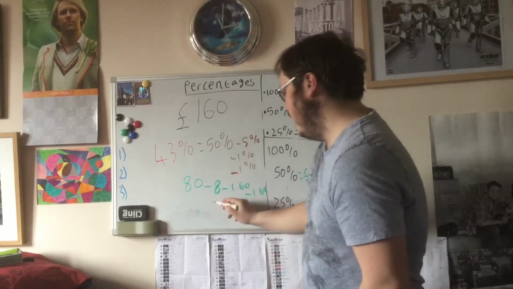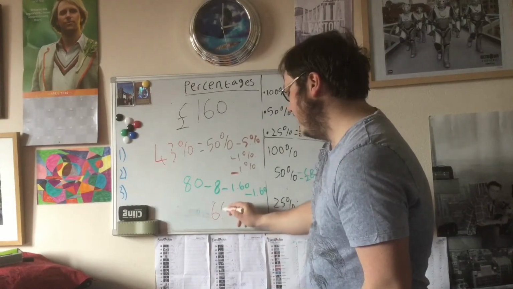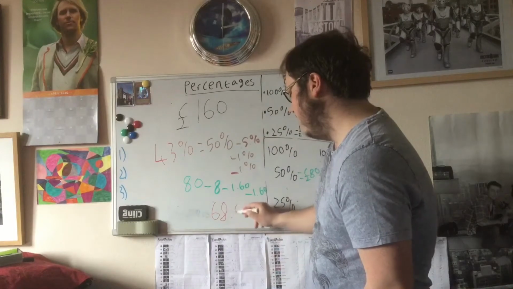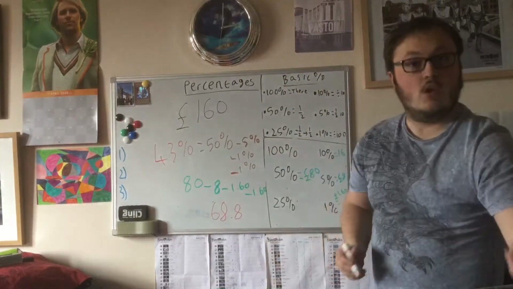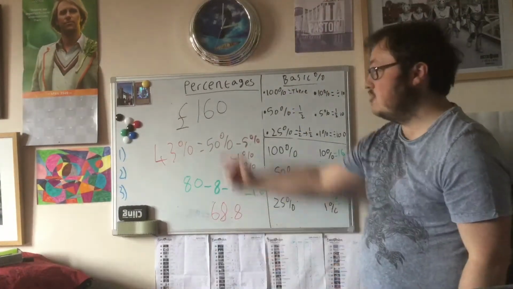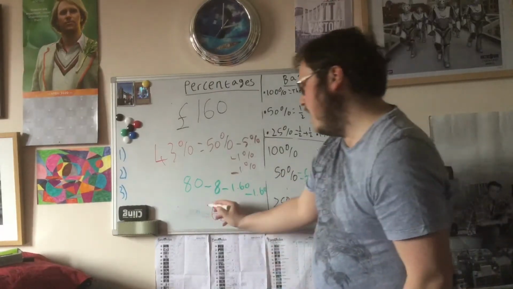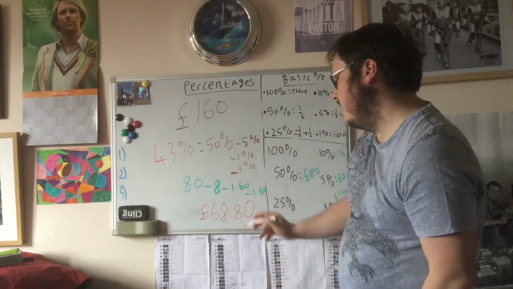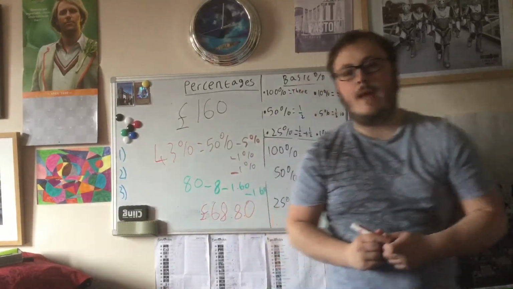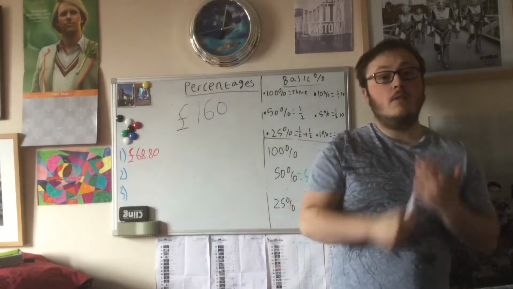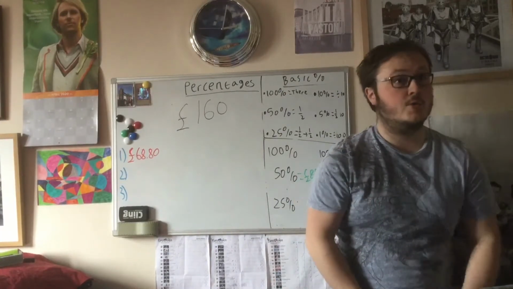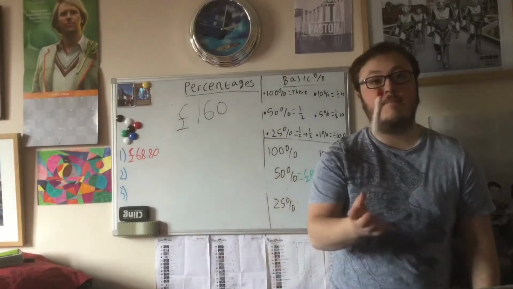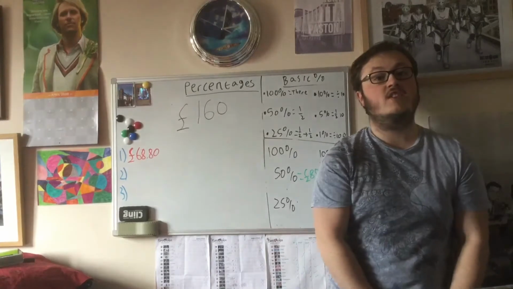That will be 68.8. But we still want to write that as money, because it's a problem with money. That would be £68.80. So now that we've done question 1, how much was 43%, £68.80, we can do question 2.